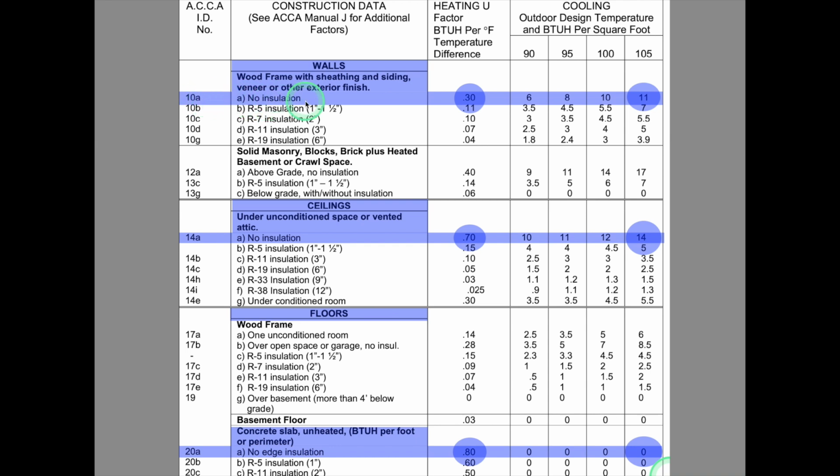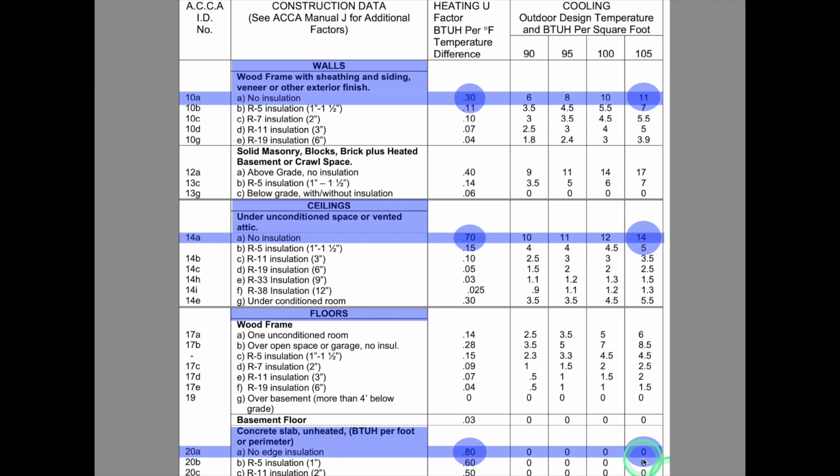So again, in this example, we're using no insulation in the walls. So again, older homes pre-1970, before there was an energy code and standard, homes weren't really required to set a certain insulation in the walls. So this is going to be the no insulation BTUs that we're gaining through the walls, and we're picking 105.